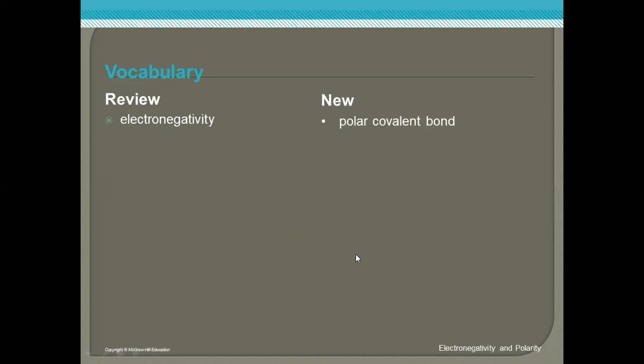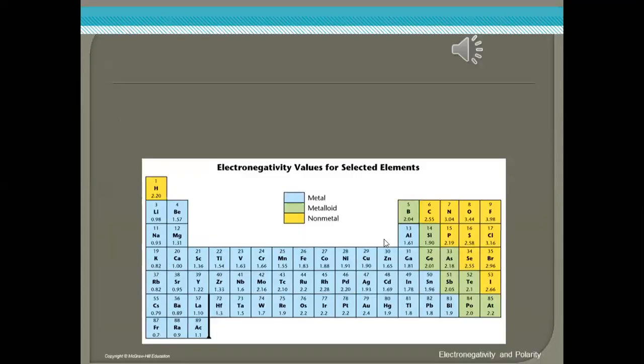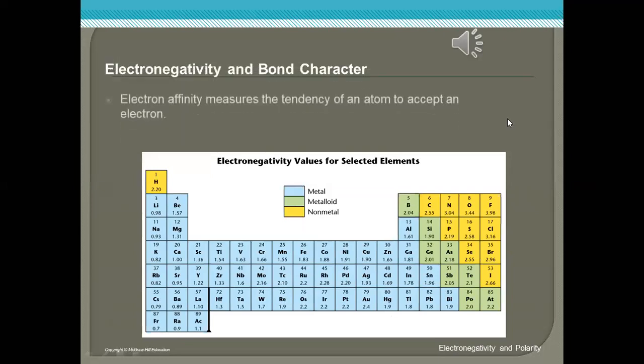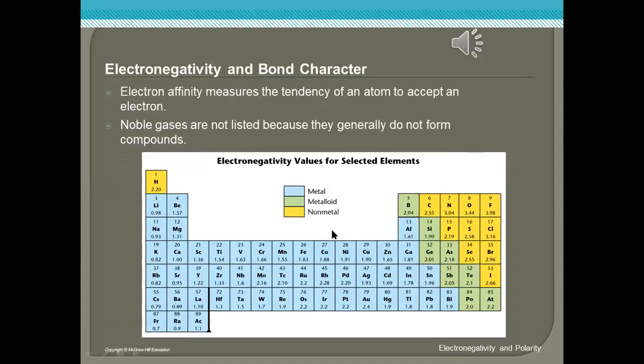After that, the vocab that we are going to study is the polar covalent bond. What's meant by polar covalent bond? Electronegativity value for selected elements. So, what are the selected elements? Hydrogen, carbon, nitrogen, oxygen, fluorine.